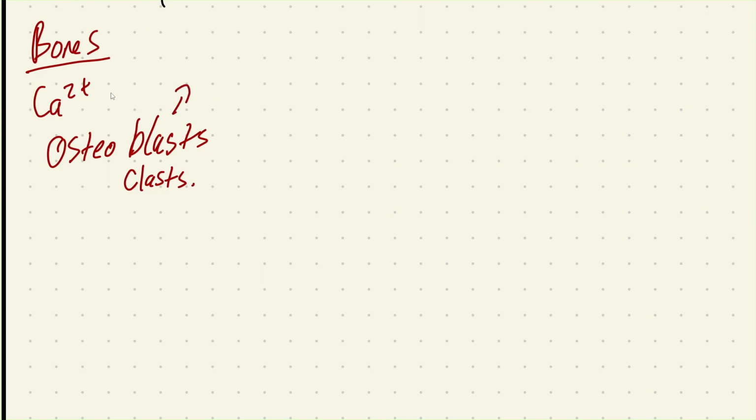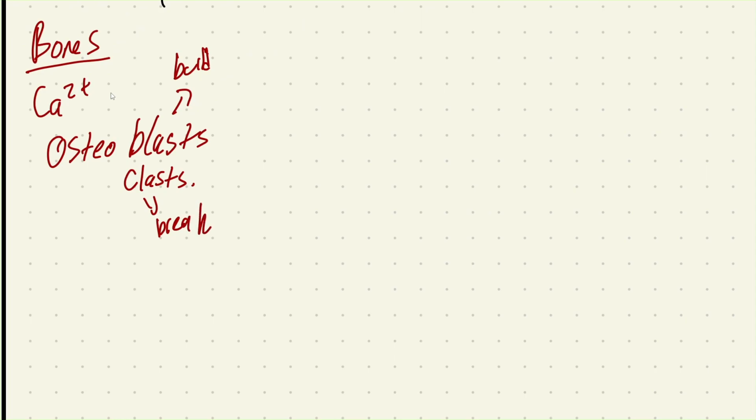I think of blast. Oh. So what the blasts do is they break, and the clasts do is they create. Or no, that is wrong. The blasts, what they do is they build, and the clasts, they break.